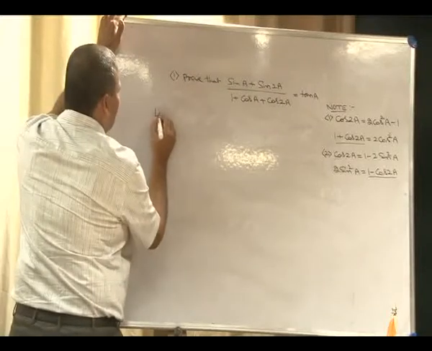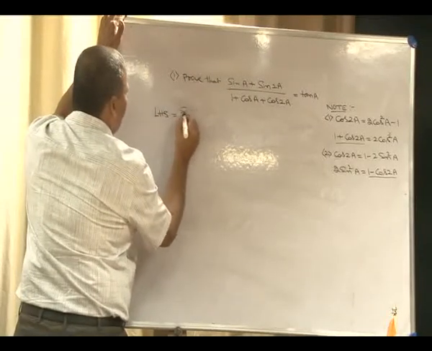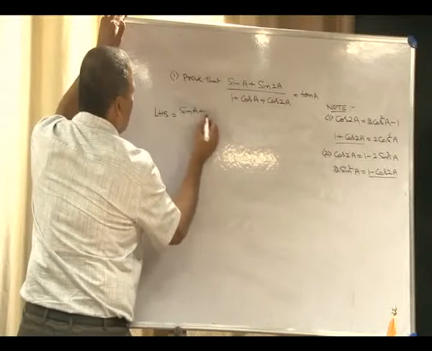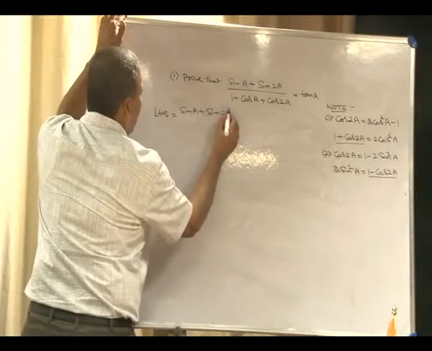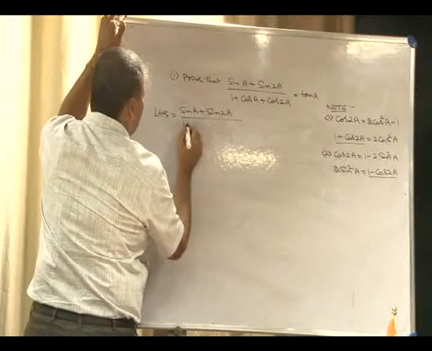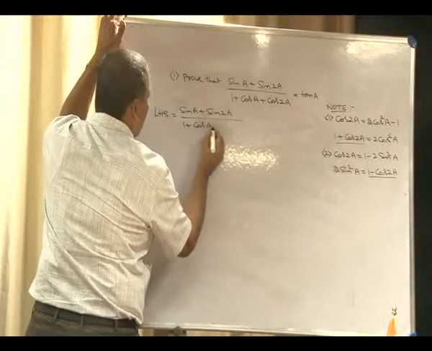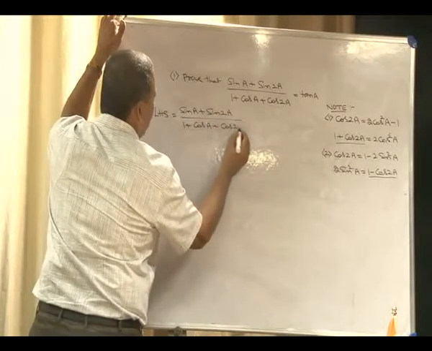Here LHS is equal to (sin A plus sin 2A) by (1 plus cos A plus cos 2A).